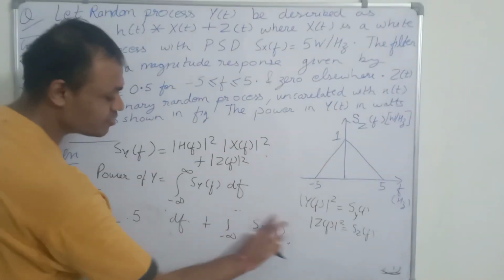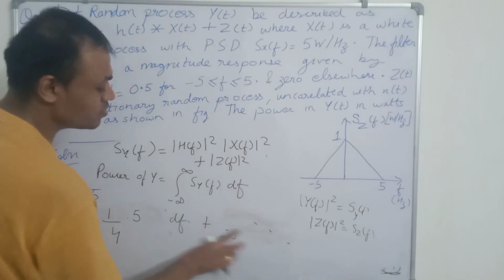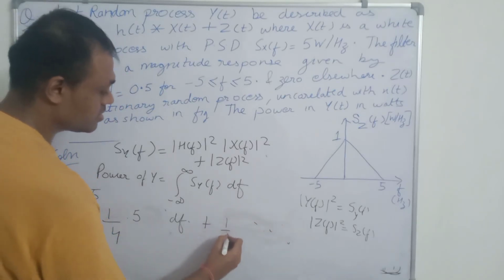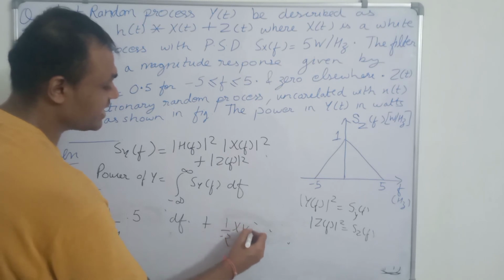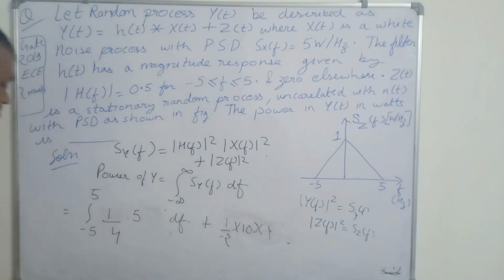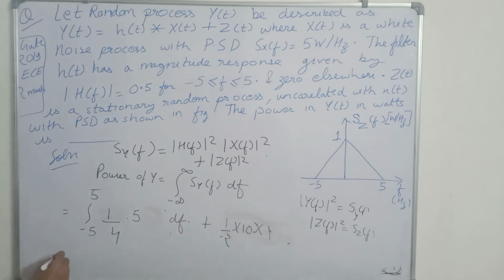So it will be equal to 1 by 2 into 10 into 1. If you integrate it with respect to f, then it will be equal to 10.